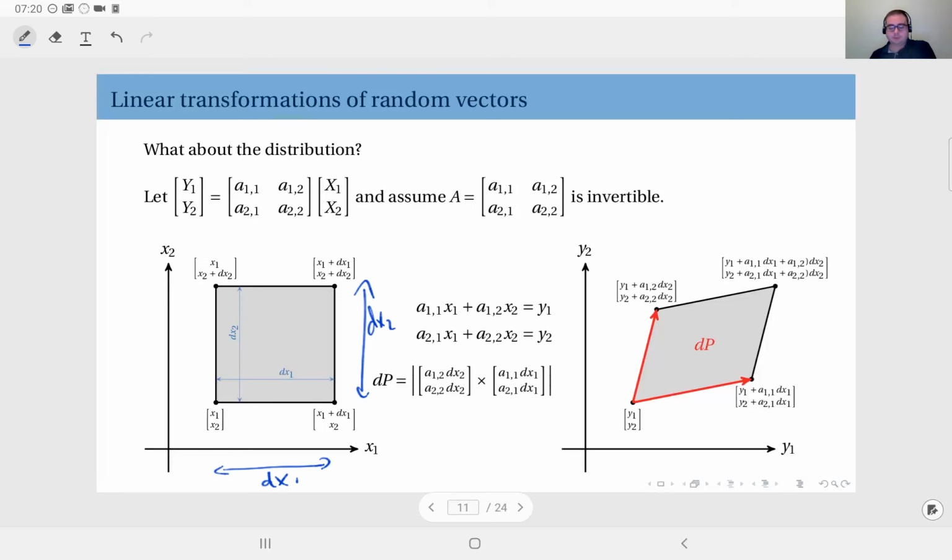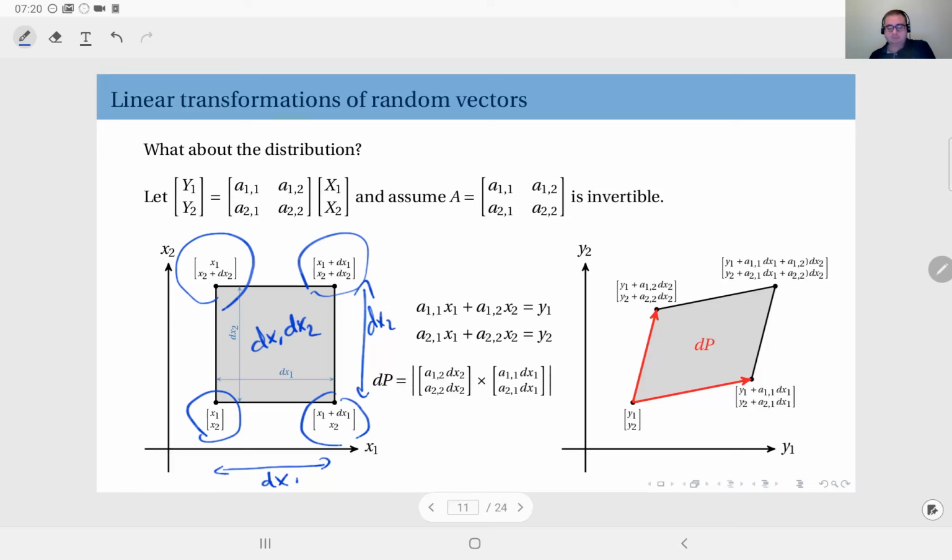This point here is x1, x2, and obviously when you move by dx1 in the x1 dimension, you get x1 plus dx1, x2. Similarly, you have x1, x2 plus dx2 at this point, and this one is x1 plus dx1, x2 plus dx2. And the area here is, of course, dx1 dx2.